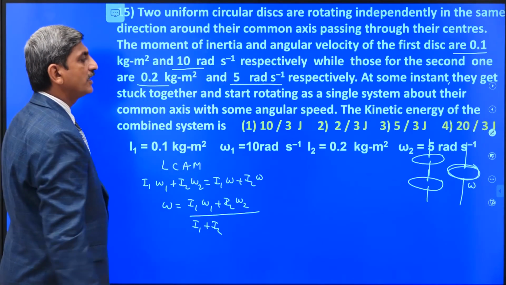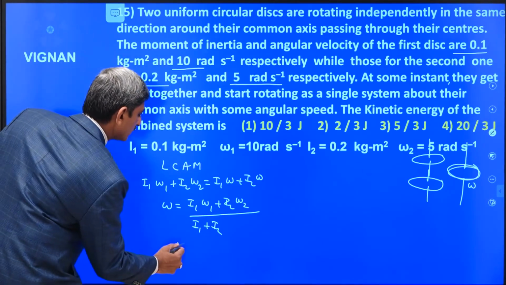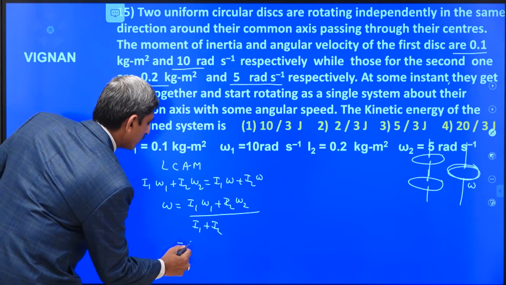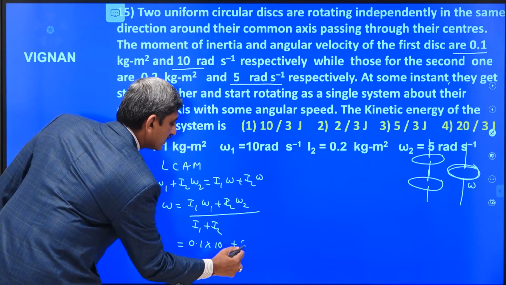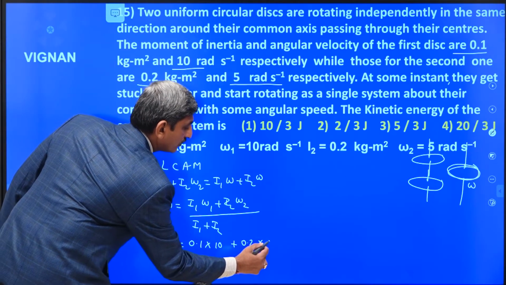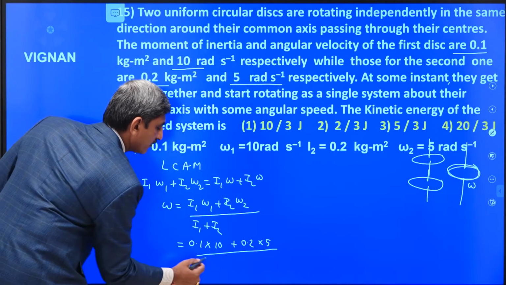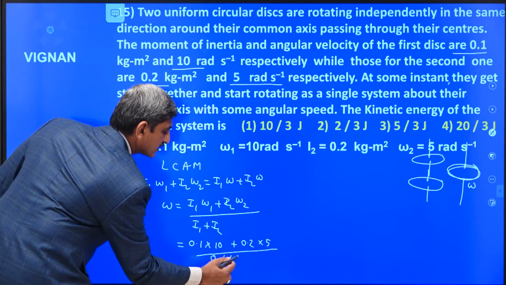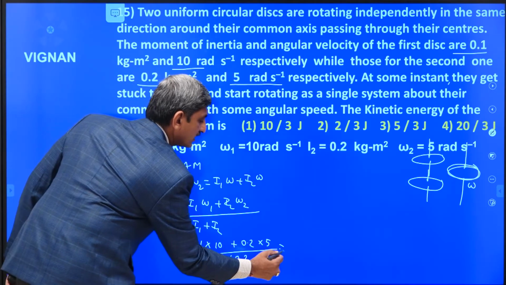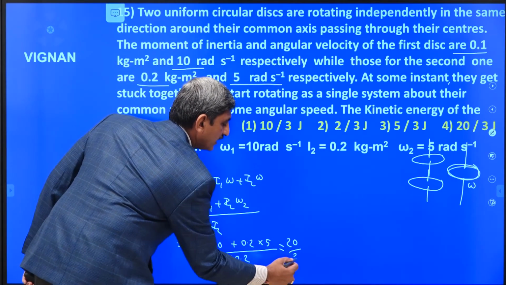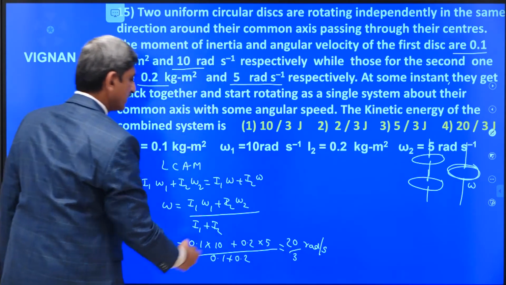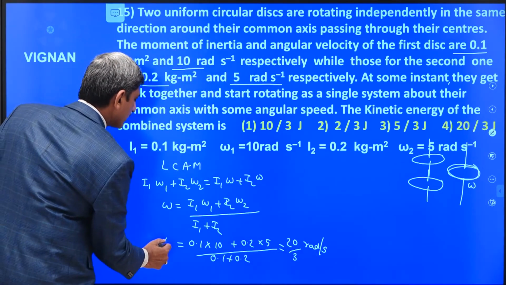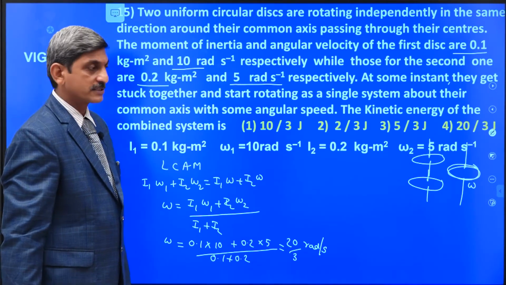Now substitute the I1, I2, omega 1, omega 2 values. It becomes 0.1 into 10 plus 0.2 into 5 divided by 0.1 plus 0.2. This is equal to 20 by 3 radians per second. Now this is the common angular velocity of the system of two discs.